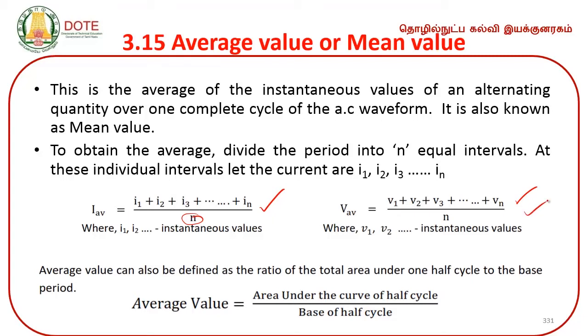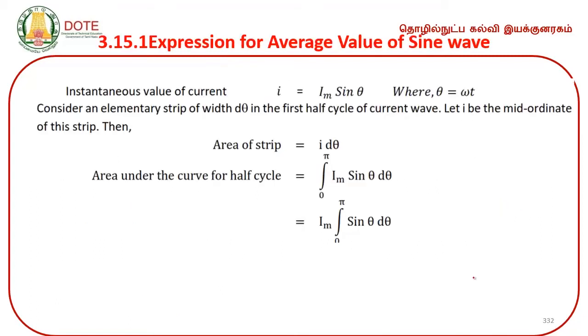Average value can also be defined as the ratio of total area under one half cycle to the base period. So, average value in general can be expressed by the area under the curve of the half cycle divided by the base of the half cycle. Expression for average value of sine wave.